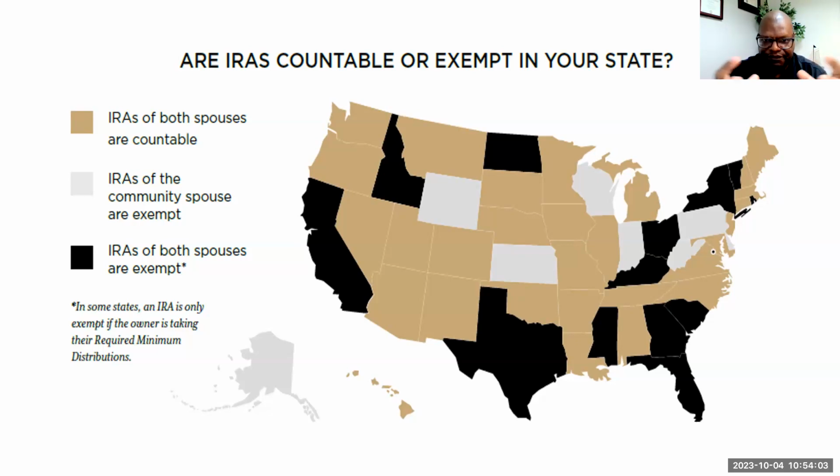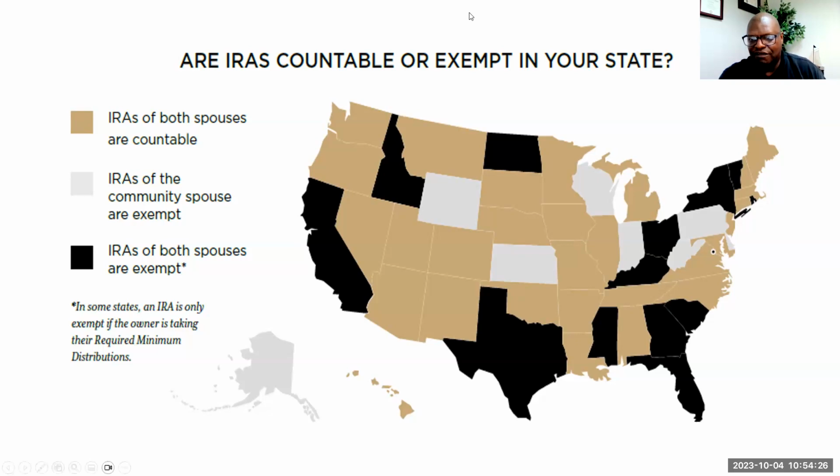So if you had the $700,000 IRA and weren't taking payments from it, it will be countable for Mike. But if I make it required minimum distributions, whatever that calculation is, and he's taking, say, $20,000, $30,000 a year out of it, that's no longer a countable asset. It would be exempt in the state of Georgia.